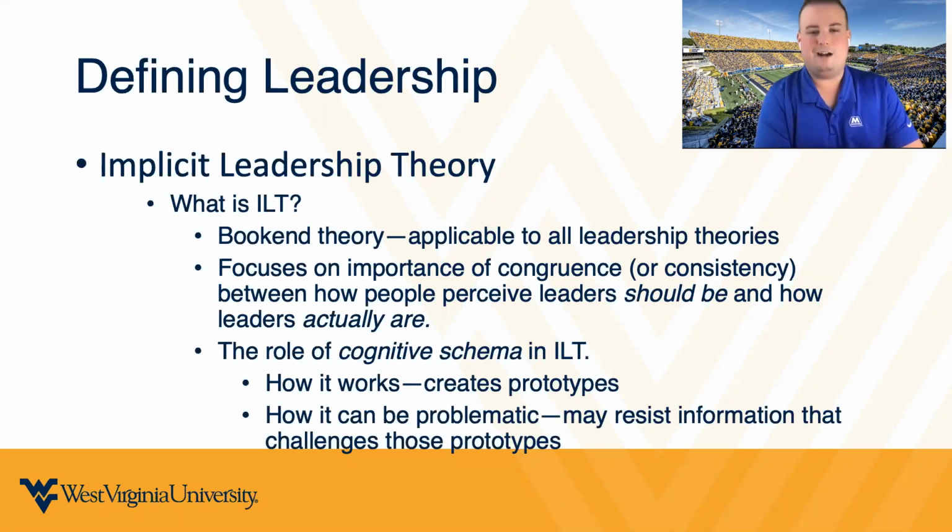It sounds very formal and deep, but what ILT is, as critical leadership scholars, is what we call a bookend theory. So it's something that's applicable to all theories. Whether we're talking about situational leadership or adaptive leadership, this theory is a bookend to that, and it can help us better understand a theory and how it applies to the real world.